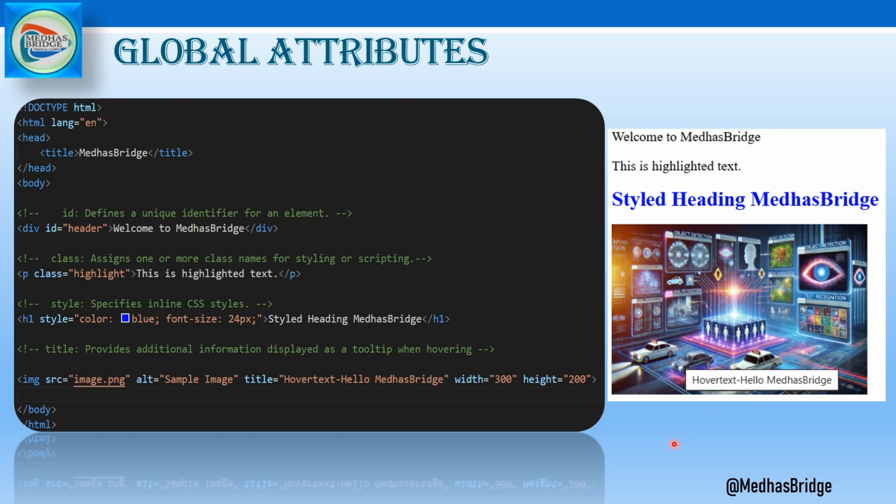The title is what actually displays when you put the mouse on this picture. That's the idea of having this title within the image tag. And then you are also defining the width and height of the image that should display on your web browser, using the width and height attributes. Got it? So these are some examples of global attributes.